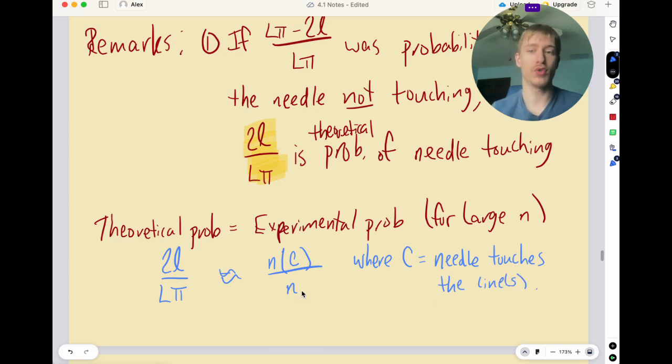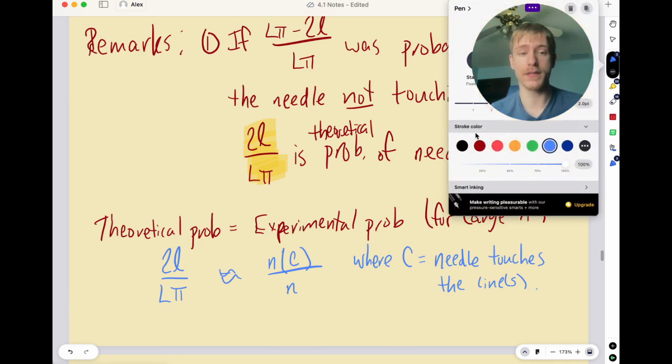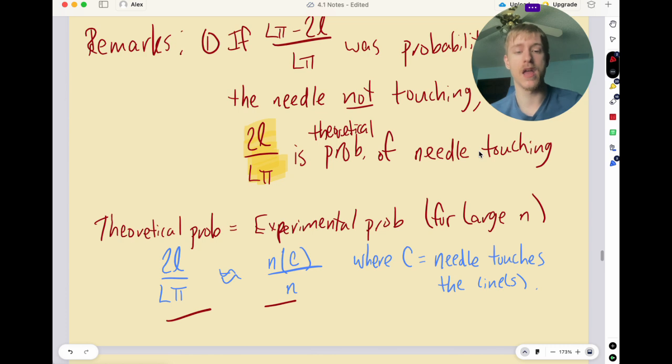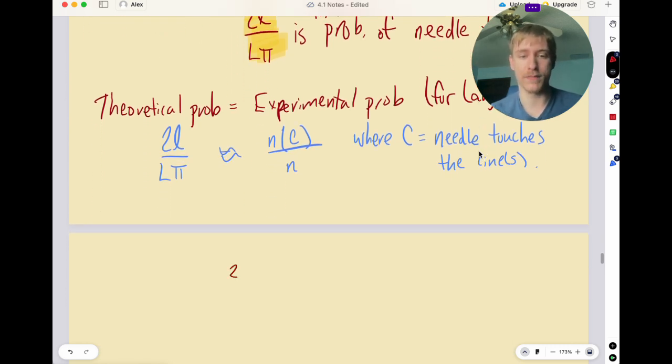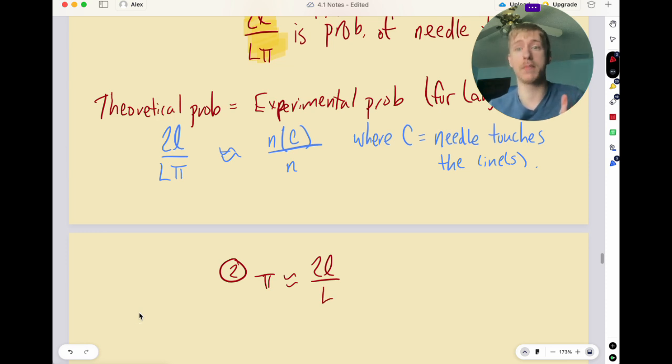Okay, so why is this interesting? Because I can now solve this little equation right here. I can solve this guy for pi. And if I do that, I get my second and potentially most important remark, which is that pi can be approximated by running multiple trials and by taking 2 times the length of the needle divided by the length of the gap, which is completely arbitrary and up to you, by the way, times the total number of trials divided by the number of successes.